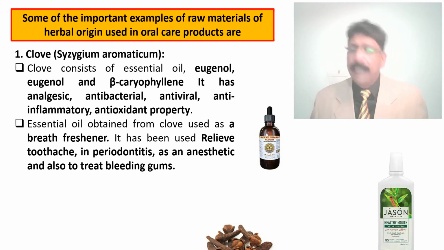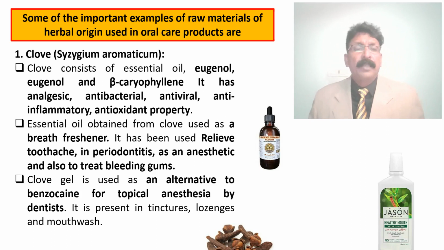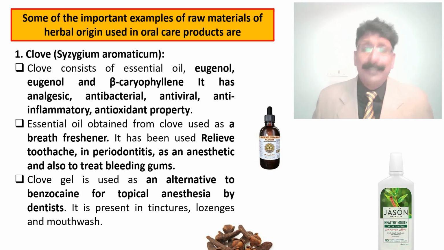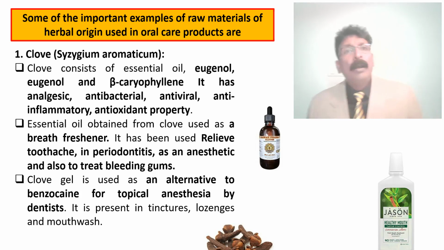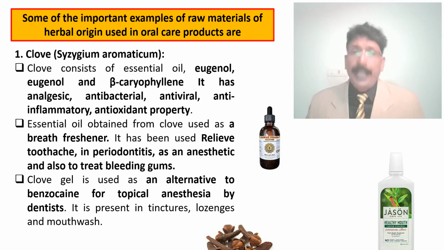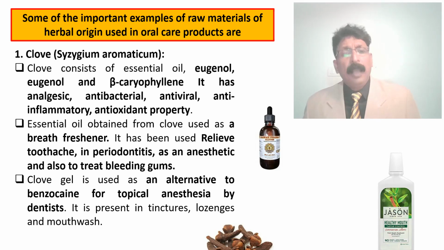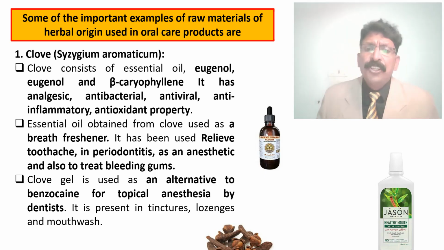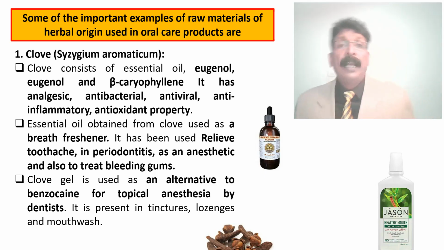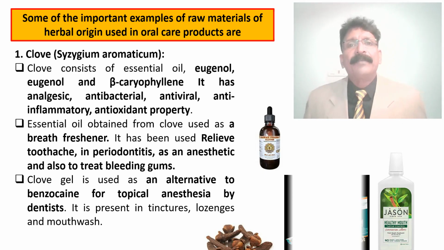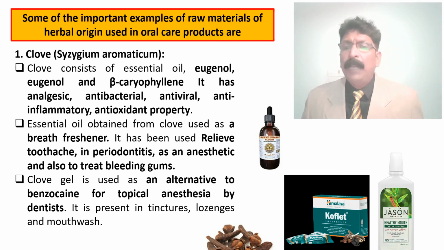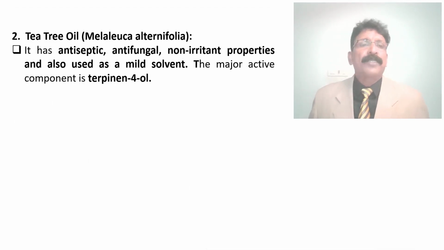There are many products, mouthwashes. Clove gel is used as an alternative to benzocaine, a local anesthetic for topical anesthesia by dentists. It is present in tinctures, lozenges and mouthwashes, and is available in the market in various products.